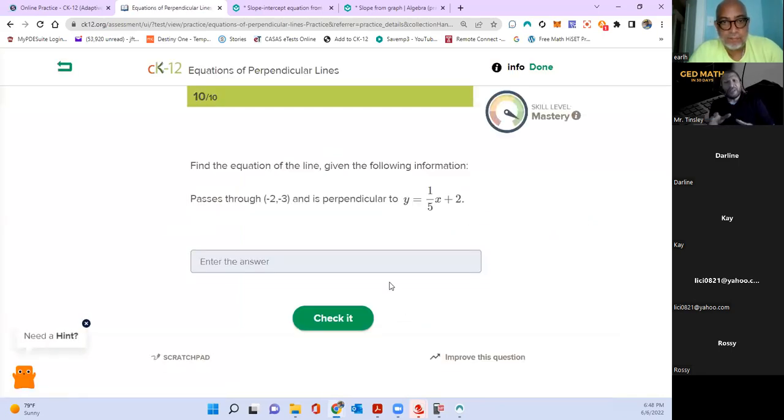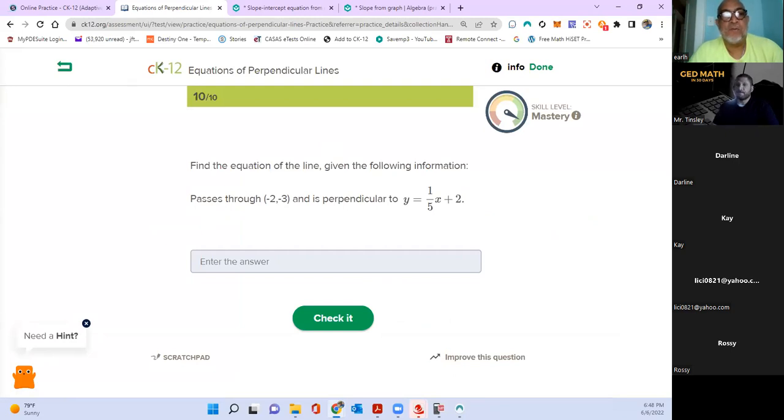Find the equation. Now, this is very similar to the problem we just did, but they're no longer talking about parallel lines. They're talking about perpendicular lines. What is a perpendicular line? Can anybody tell me? No, I don't want you to tell me what the slope is. What is the definition of perpendicular lines?